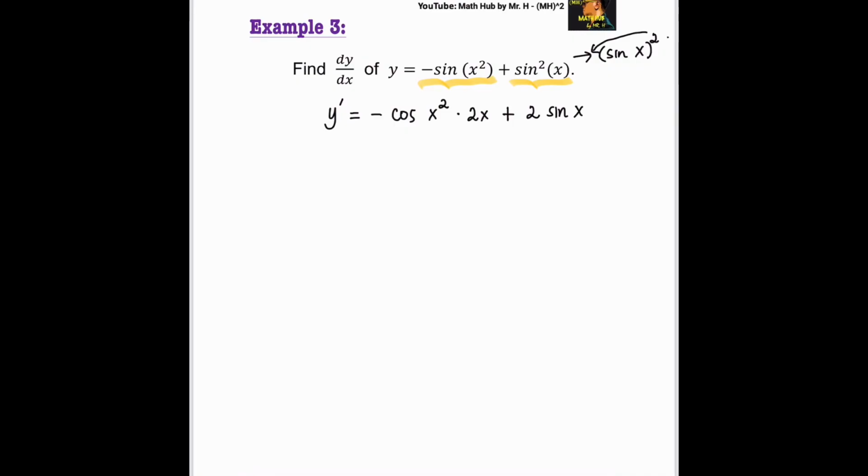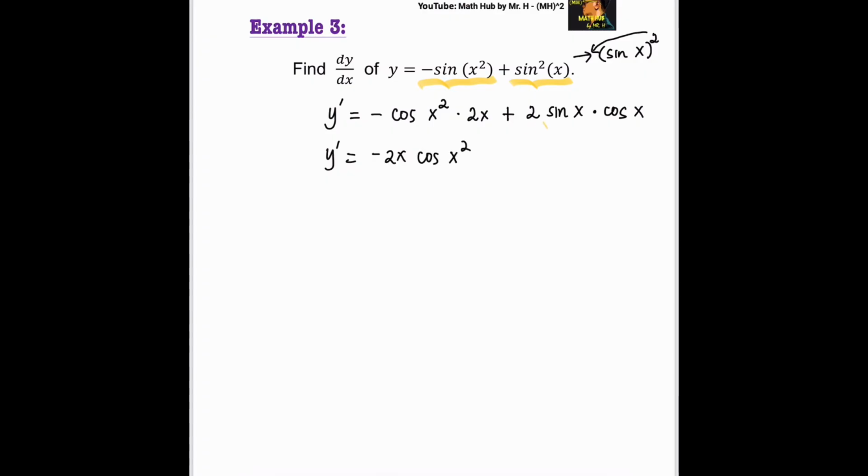So 2 minus 1 is 1. But don't forget to get the derivative of the base. So the derivative of sine x is cosine x. So times cosine x.